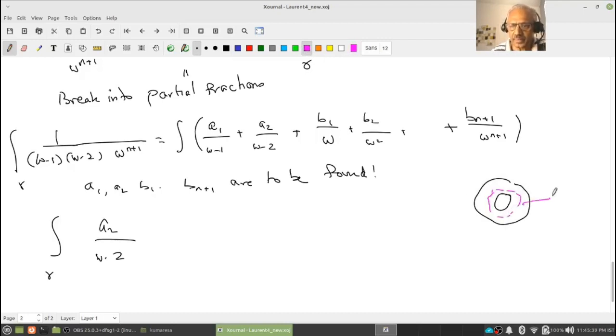This is my path gamma, and my 2 is outside, and therefore this function is holomorphic inside this disk, and on another open set as well, therefore this is going to be 0. This is by Cauchy's theorem.